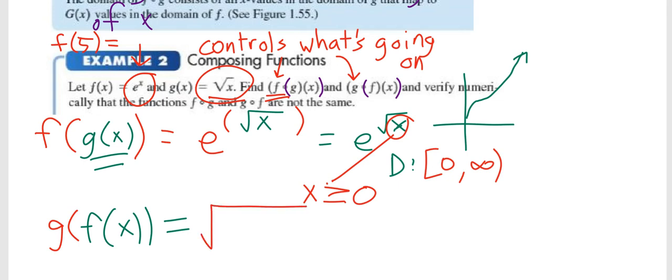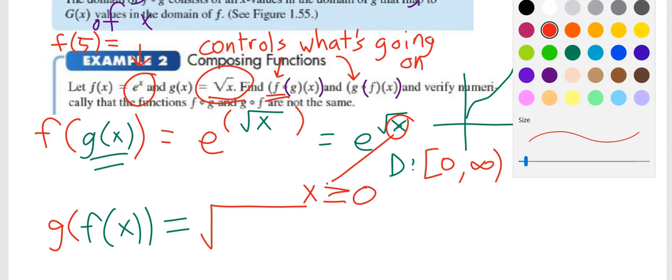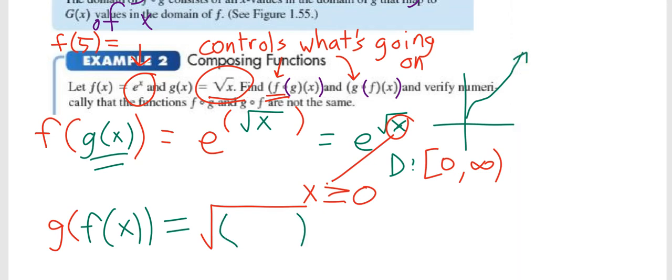Take the square root of whatever you plug into it. So just like that, you see that I put the square root. I took the x out. I put those parentheses in there. What's going inside there? What do we add? The f of x, which is e to the x. Are those parentheses useful or useless?